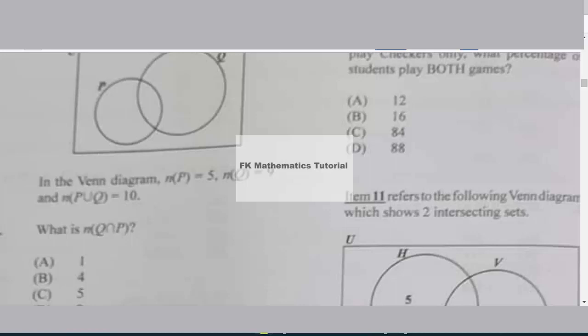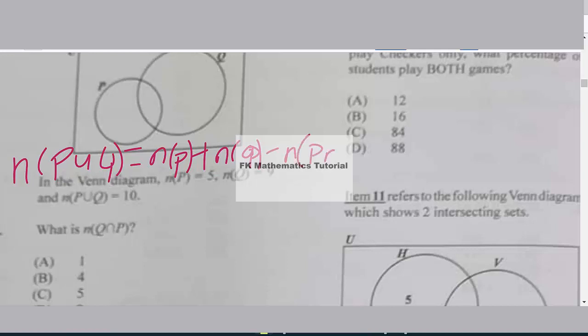So we are going to use the formula: number of P union Q is equal to number of P plus number of Q minus their intersection, P intersection Q.